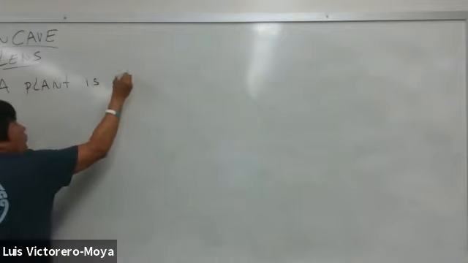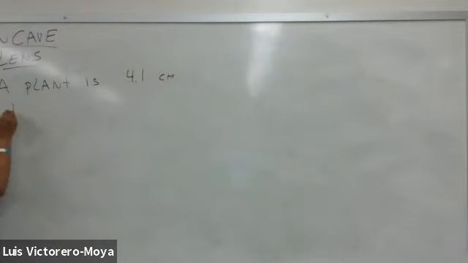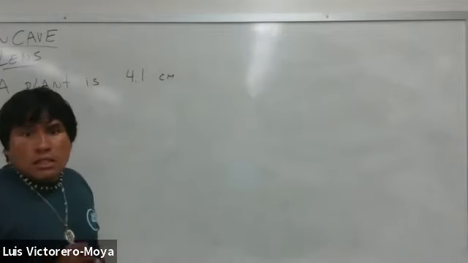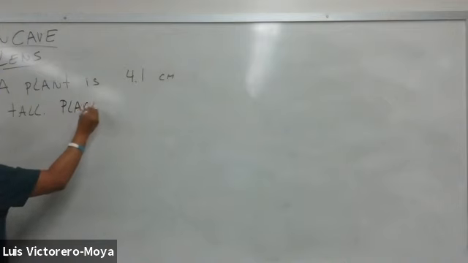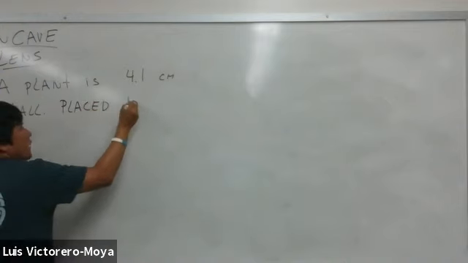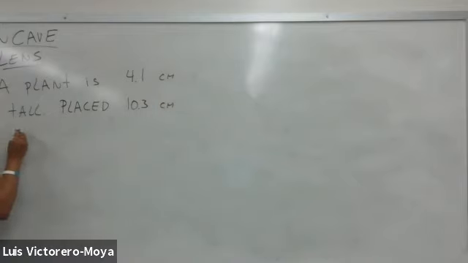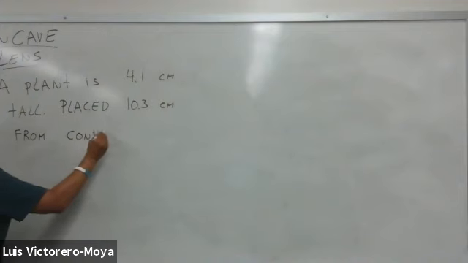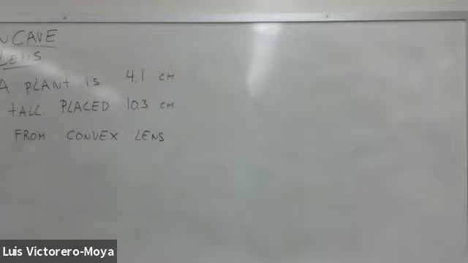A plant is 4.1 centimeters tall and is placed 10.3 centimeters from a convex lens. So they give you already what type of lens: a convex lens.